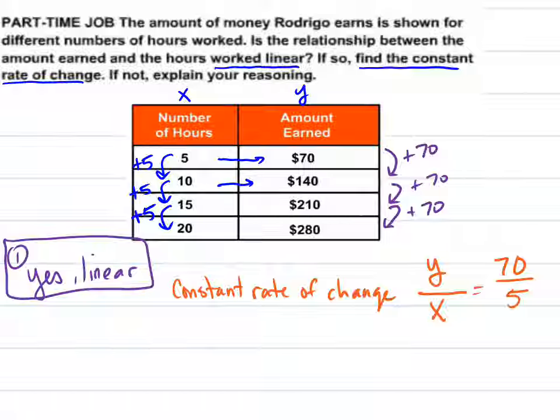The 5 represents the number of hours. 70 divided by 5 is 14. So this is telling me that the rate of change is $14 per hour. So Rodrigo is making $14 per hour. That's our constant rate of change.